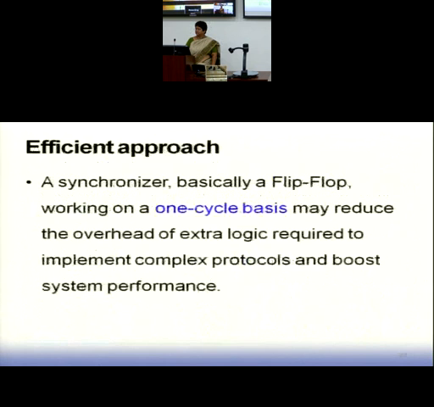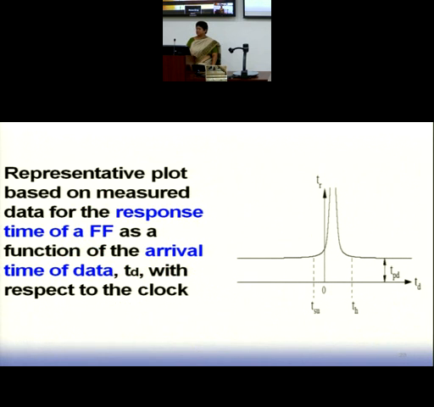So here is something that we all should understand. It's a typical curve about metastability. For any flip-flop, the clock edge comes at t equal to 0. Before the t equal to 0 instant, there is a duration which we call t setup, and there is a duration which we call t hold after the clock edge.